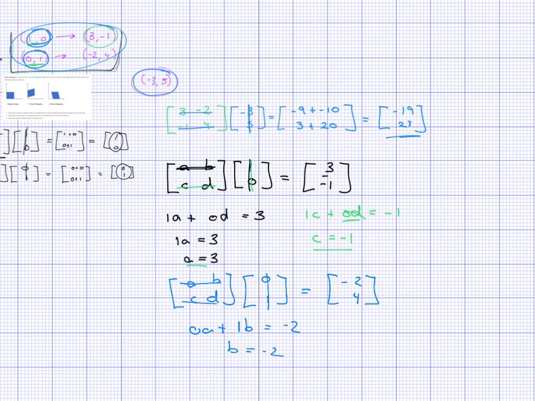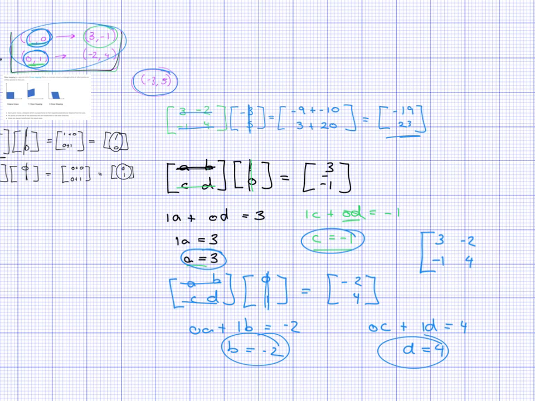We're going to have 0c plus 1d equals 4. So therefore, d equals 4. All right, so our 4 numbers now are 3, minus 1, minus 2, and 4. And all we have to do is to plug them into their relevant positions. So it's going to be 3, minus 2, minus 1, and 4.